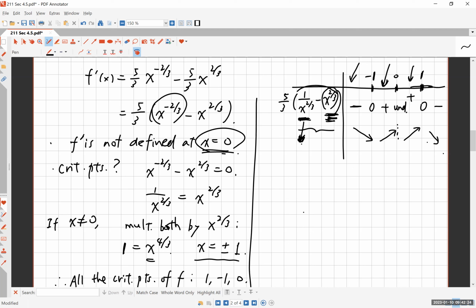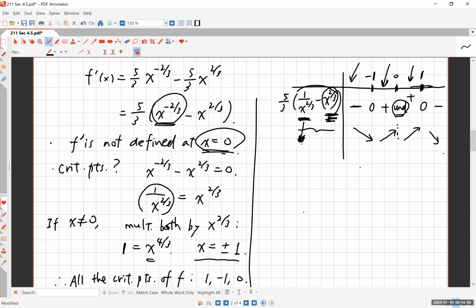Okay, so what is going on here? By the way, this is undefined because this number becomes infinitely big. As x gets closer and closer to 0, this number blows up to infinity. So there's an infinite derivative here, which sort of means that you have a vertical tangent.